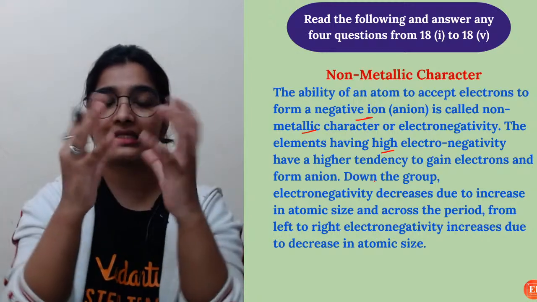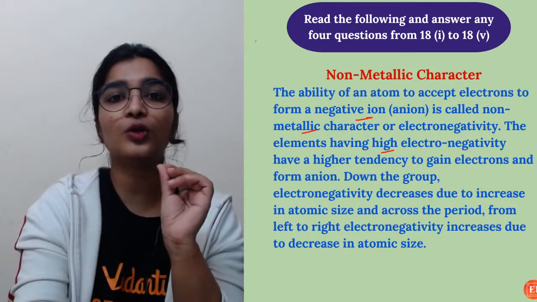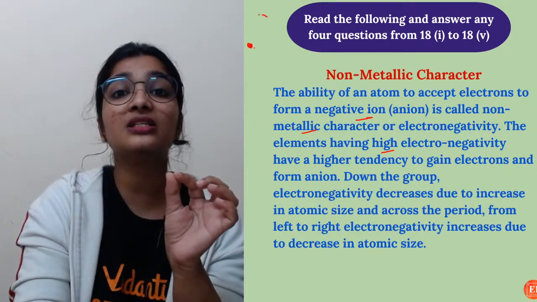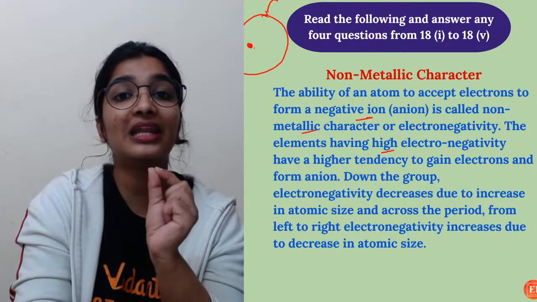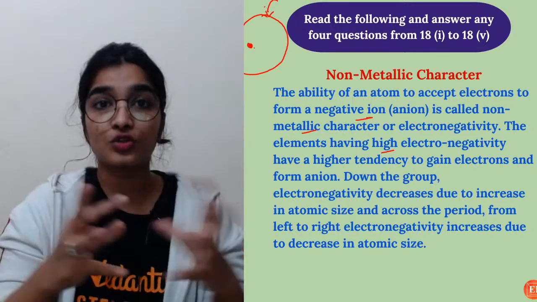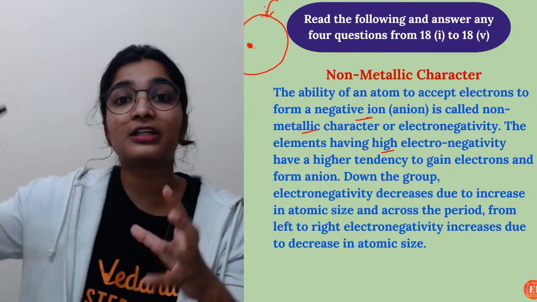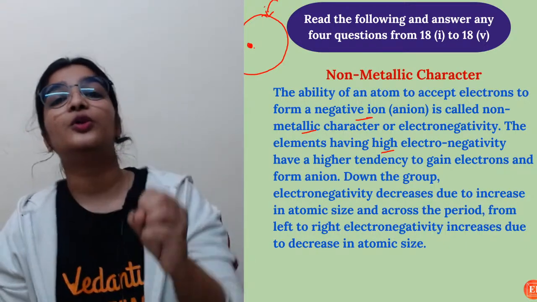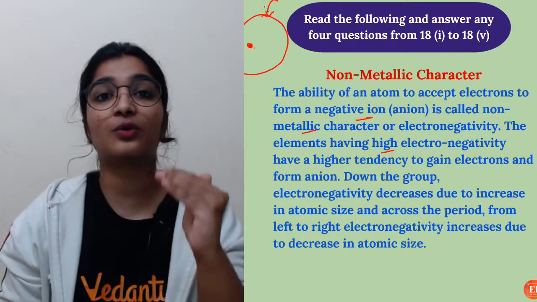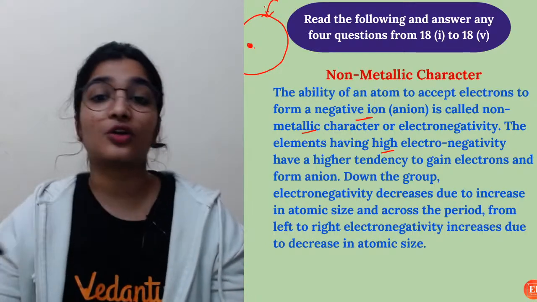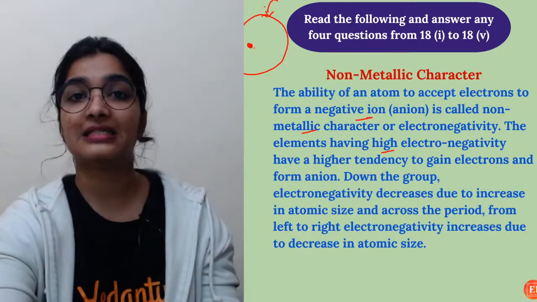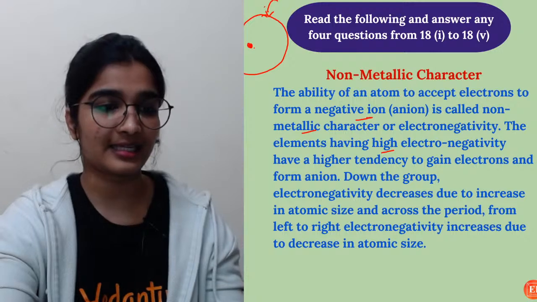As the atomic size increases, the distance between the nucleus and the outermost shell to which the electron is being added is also high, right? So it will be very difficult for the nucleus to hold on to that electron. So electronegativity decreases down the group. Across the period, it increases as there will be a decrease in the atomic size.